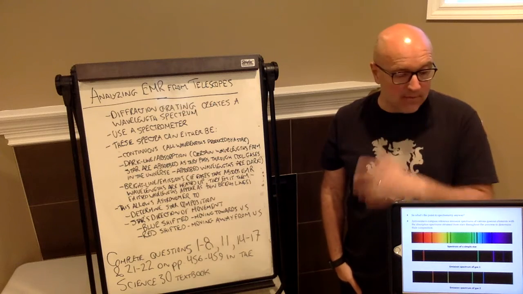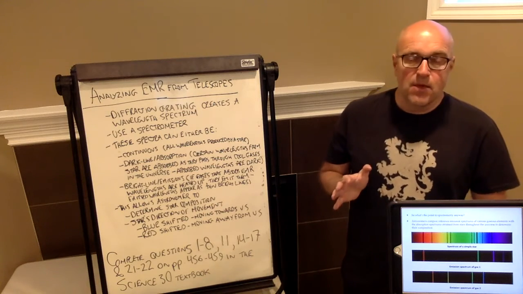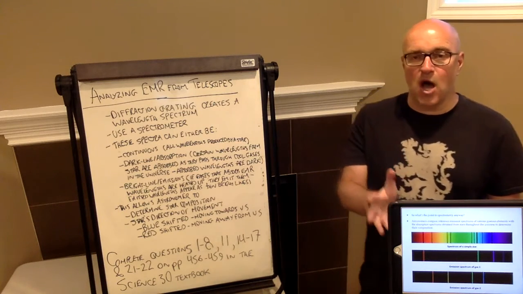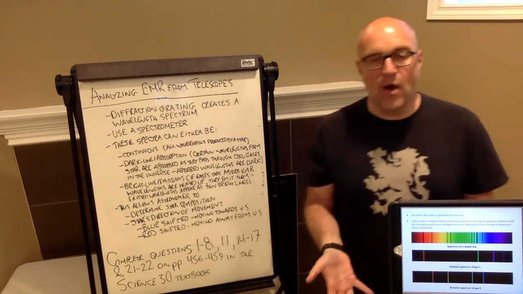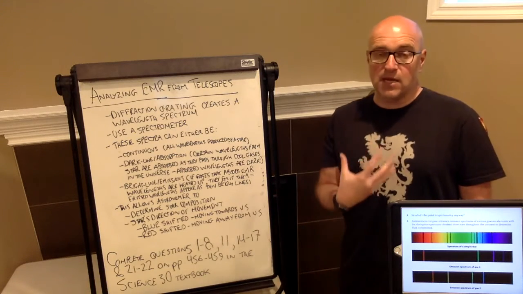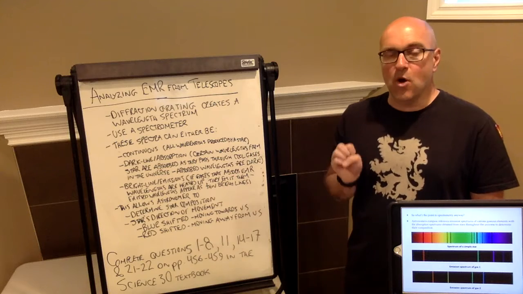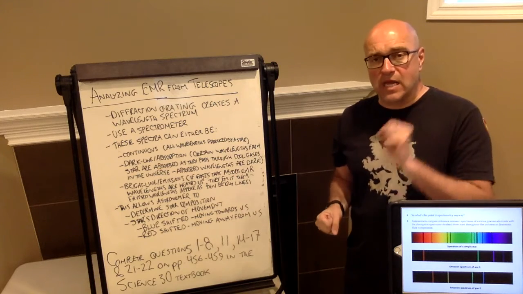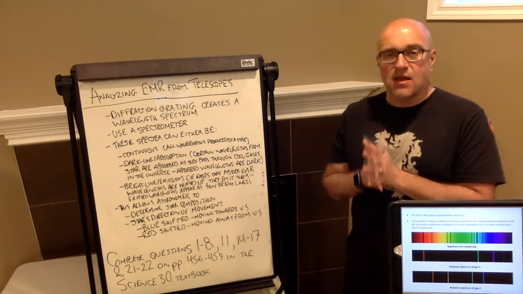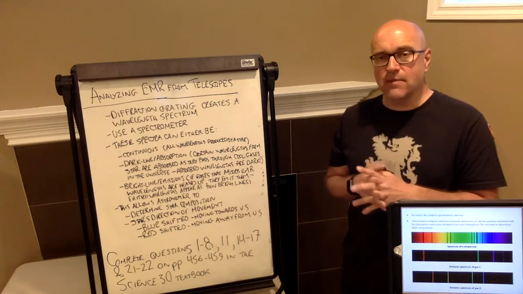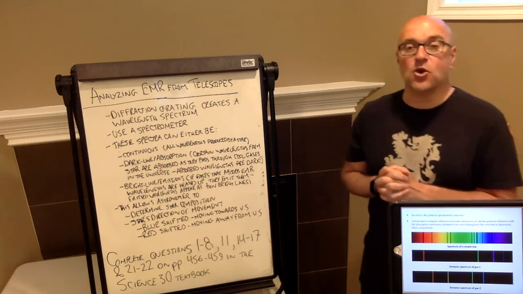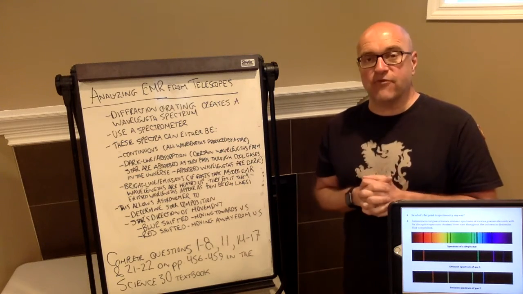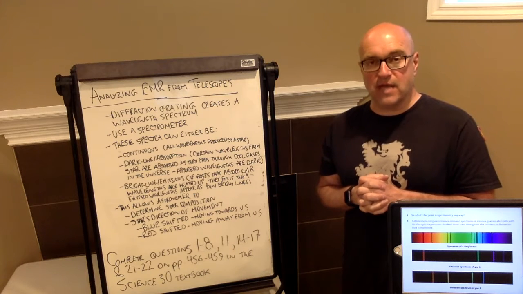Well, here's the kicker. We can do tests on gases here on Earth. So I can see that helium or hydrogen or oxygen, if I run EMRs through these gases, each elemental gas is going to absorb different parts of the electromagnetic spectrum.